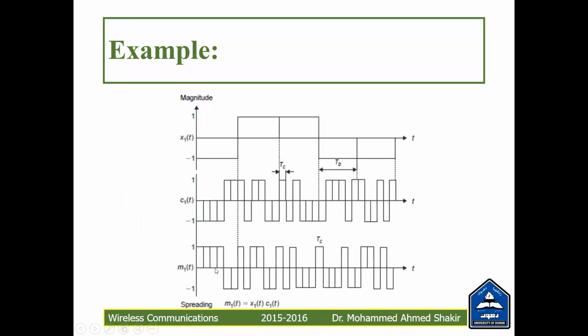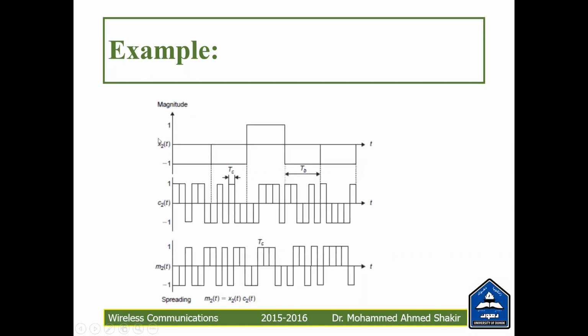Look, for the first mobile, this will be x1 of t, the message signal, times c of t. Now directly, -1 multiplied by -1 becomes plus, okay? So slot by slot to get m1 of t. Slot by slot multiplication to get m1 of t.